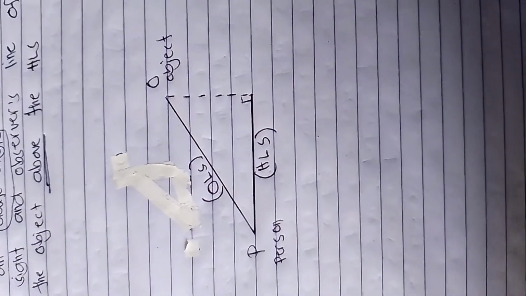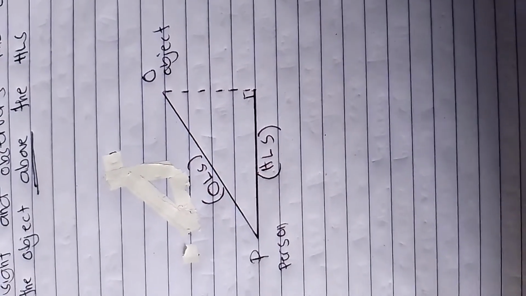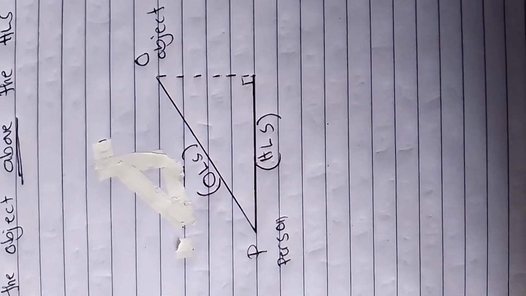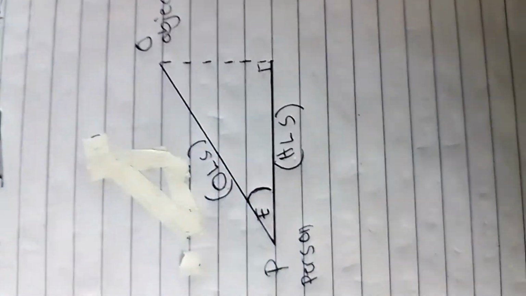So the angle formed between the horizontal line of sight and the observer line of sight, this is the angle of elevation.